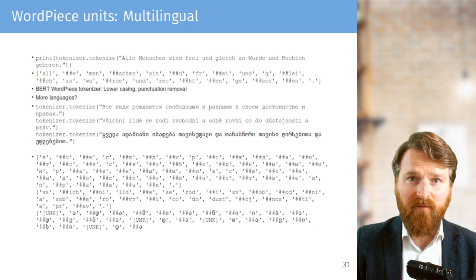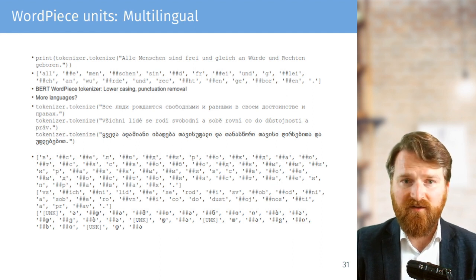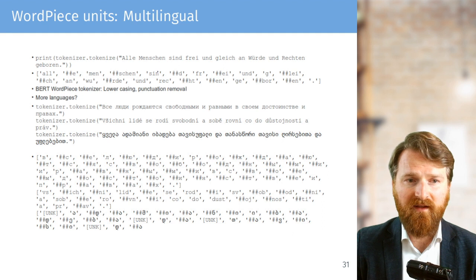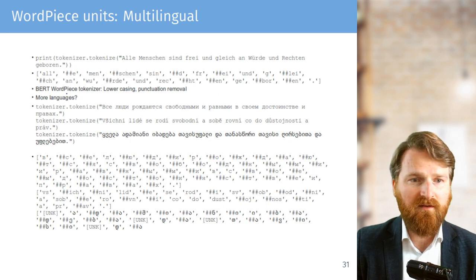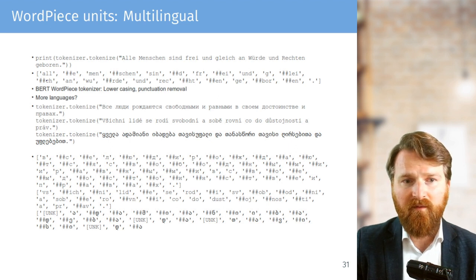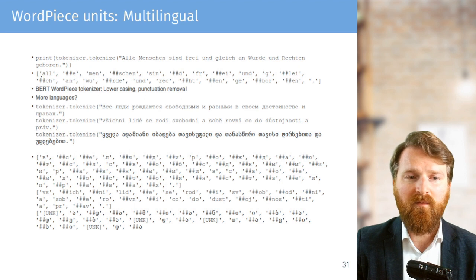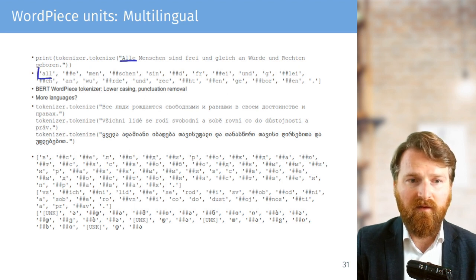Because word piece units came from machine translation or multilingual voice search, we can try to tokenize other languages. So we have "alle Menschen sind frei und gleich in Würde und so weiter." And here we see that we're splitting the first word, alle, into 2 tokens.